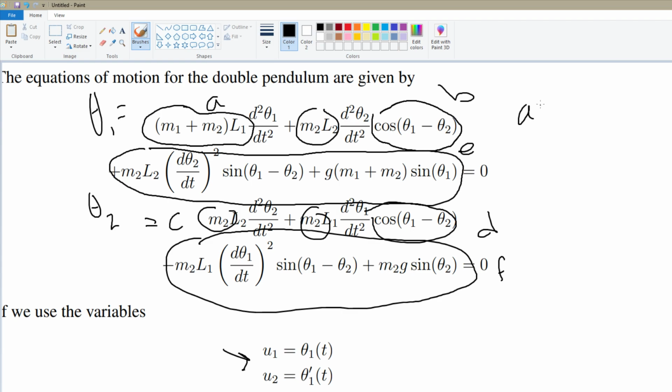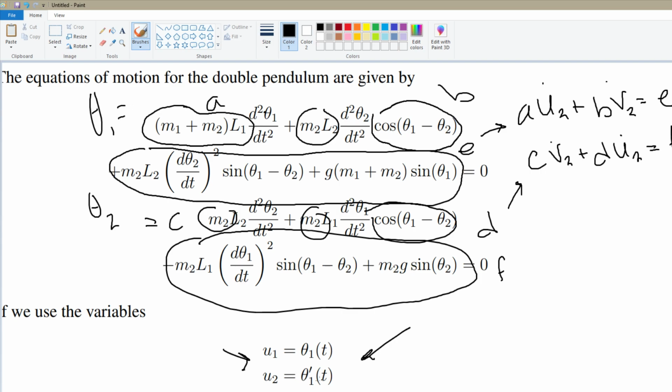So that's A U2 dot plus B V2 dot equals E, and C V2 dot plus D U2 dot is equal to F. So we basically turned this really big mess of second order coupled ODEs into these problems, which look so much simpler, as well as our original two substitutions.